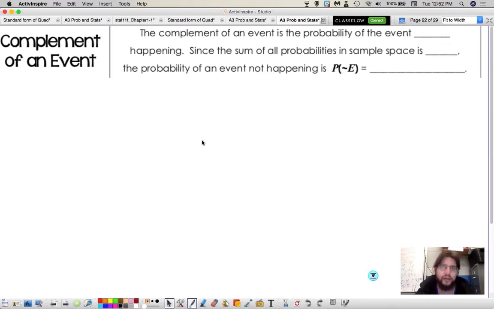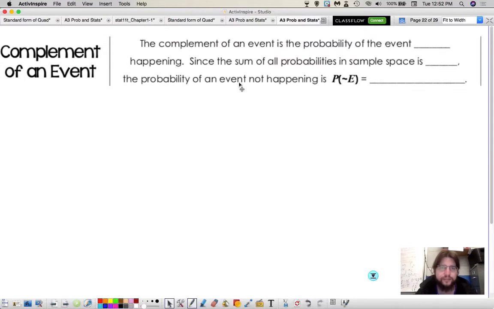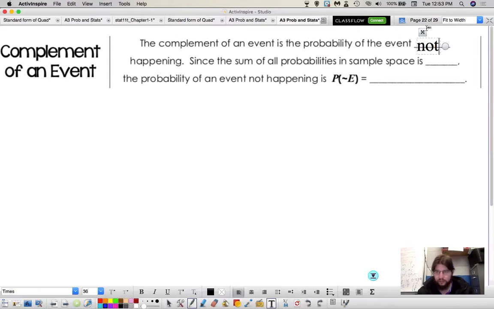So that goes back to what we learned previous days. The complement of an event is the probability of it not happening, the opposite. So if you think about probability, we look at the sample space, all the possibilities.